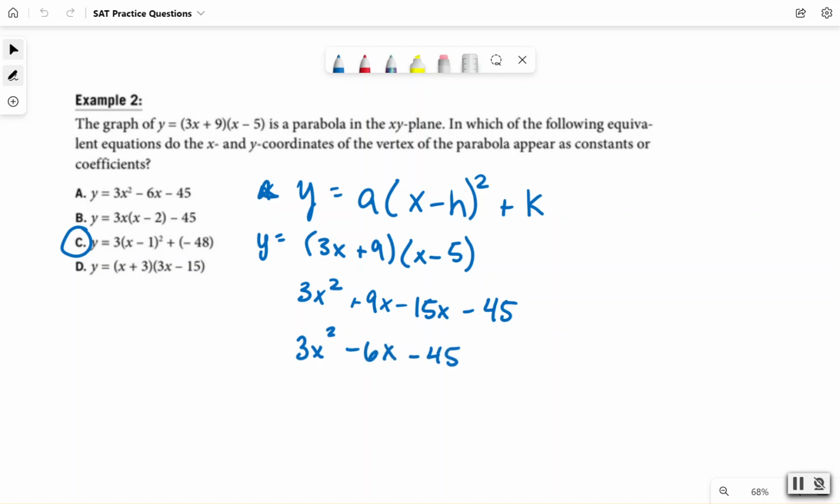And so when we complete the square, we say this is equal to 0. We want to move this constant 45 over. So that gives us 3x squared minus 6x plus some constant is equal to 45. All right, I'm going to say plus some constant here.